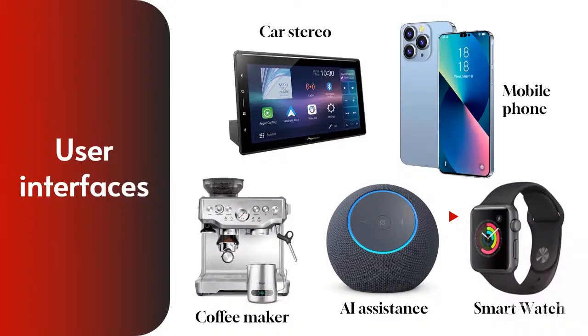Then we also have AI assistants. So that picture, the one here in the middle, is the device known as Alexa from Amazon. So this is an AI assistant. This one uses voice command.